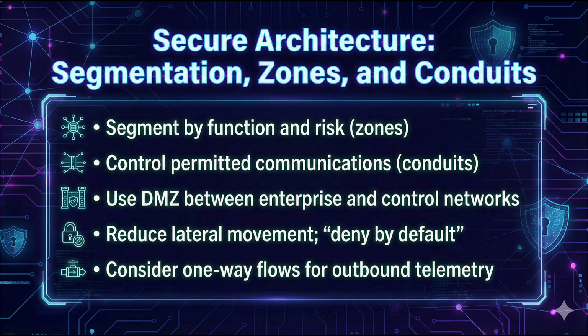Segmentation supports defense in depth. Even if an attacker compromises one zone, lateral movement becomes hard, noisy, and containable. And as a bonus, segmentation also improves reliability by reducing blast radius when something misbehaves. Design tip: start with deny by default, then add only the specific protocols, ports, and destinations the process truly needs.